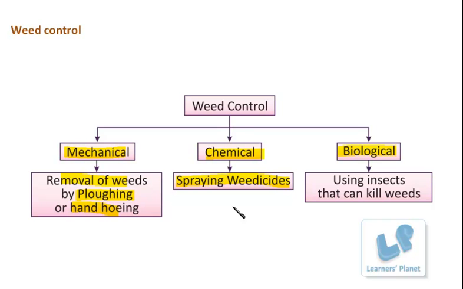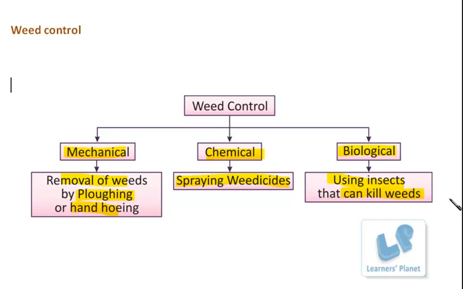Next is the biological control. Biological control is of course a very smart way of weed control. In this, the insects are used. The specific insects are actually used in the fields, which specifically kill the weeds. The specific insects feed on the specific types of weeds.